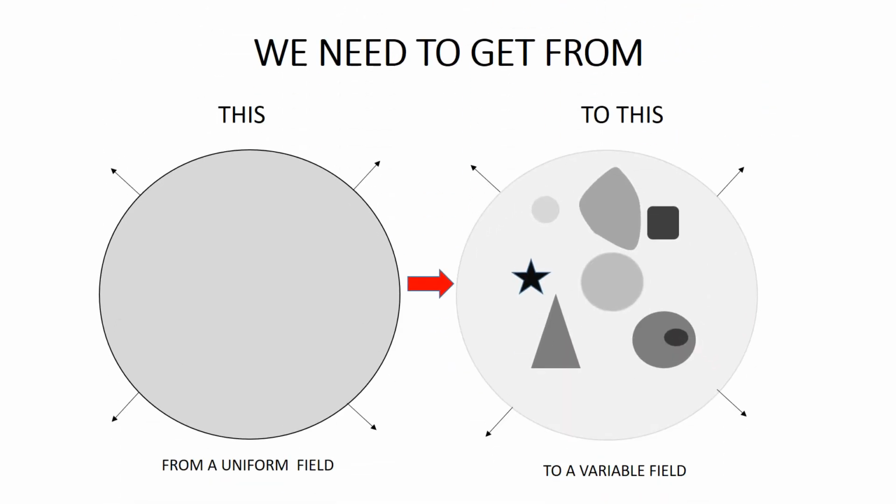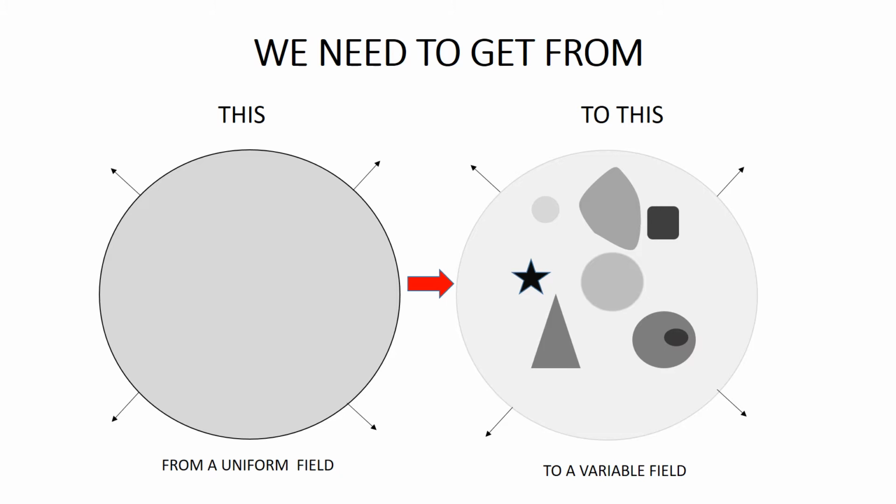So, if we want to build an interesting universe, we need to get from this to this, from a uniform field to a variable field. So using the word thing in its all-encompassing sense, what sort of things would we like a variable master field to contain and explain?